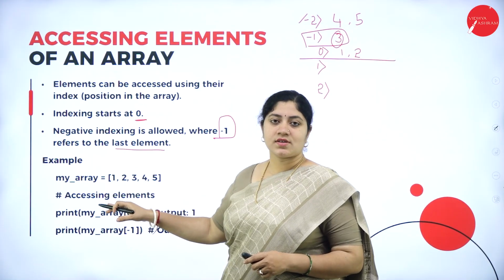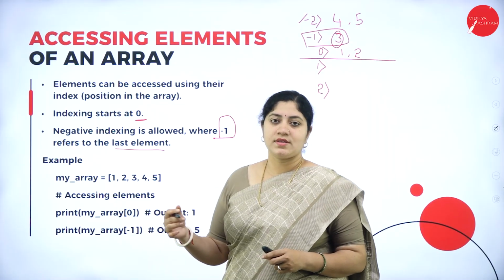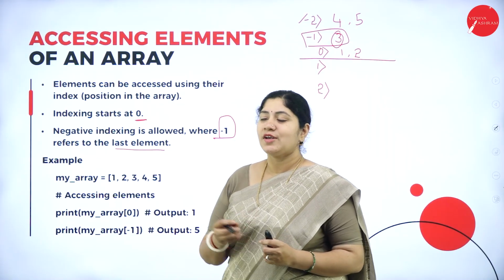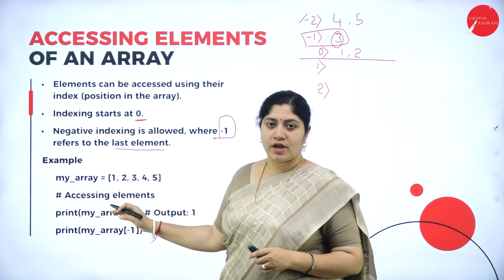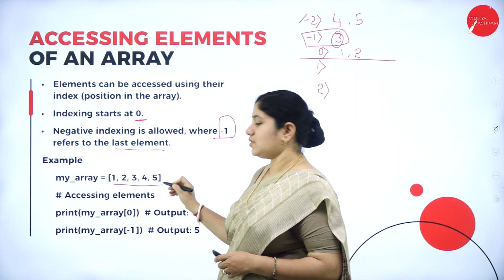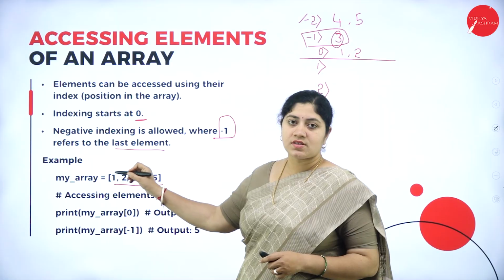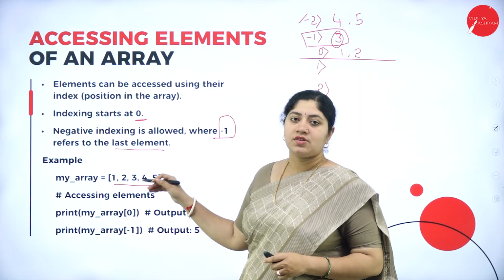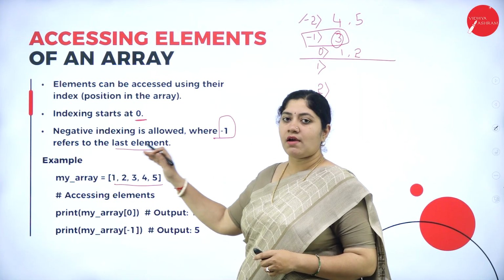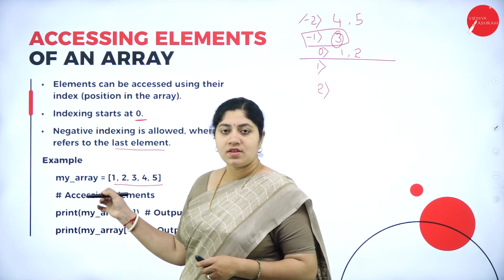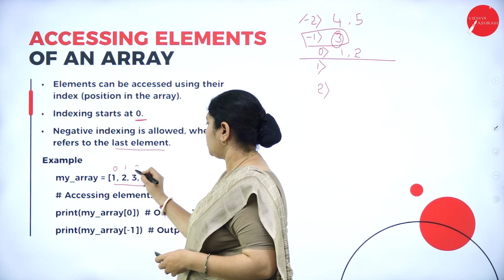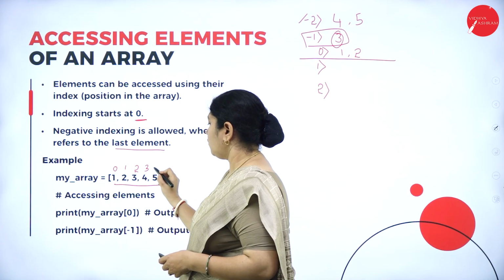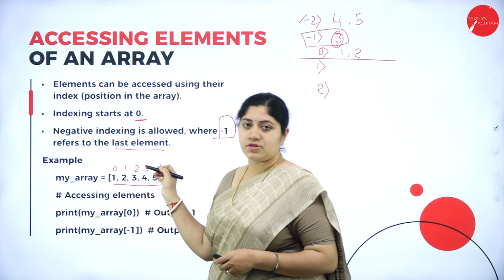Now let's consider an example to define this accessing of elements. Initially we have considered my_array with a few elements, a list of numbers starting from 1 to 5. This is a simple example and we have indexed it. The indexing can be considered like 0, 1, 2, 3, followed by minus 1 comma minus 2.